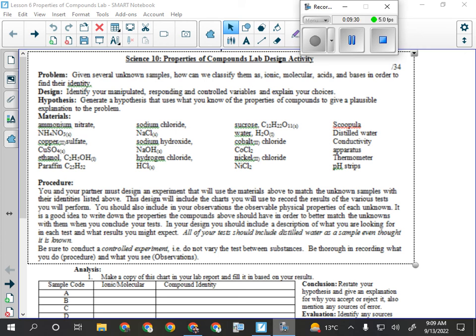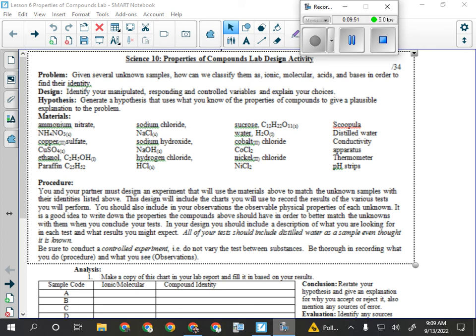Okay, our responding variable. The responding variable is the thing that's going to change as a result of our manipulated variable. So I test substance A, and then I test substance B. What's going to be different? The test results, yeah.